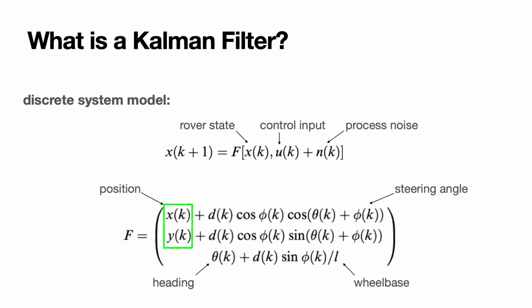As previously described, wheelbase being the distance between front and rear axis of the rover. The function d of k is used for simplicity and describes the distance traveled. It's v of k times delta t, so velocity multiplied by time.